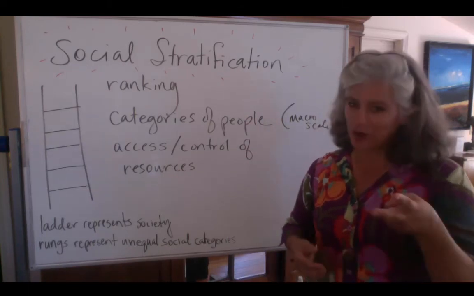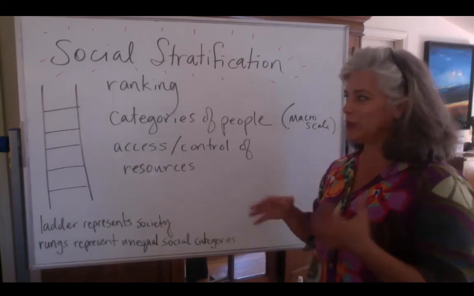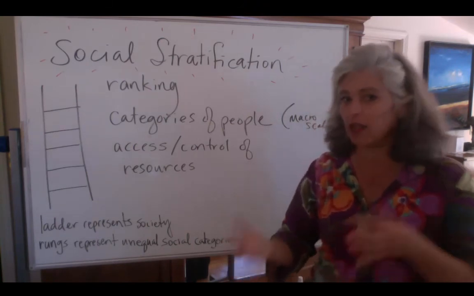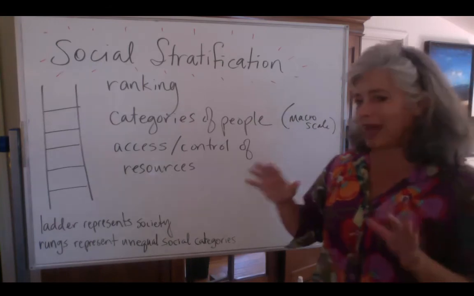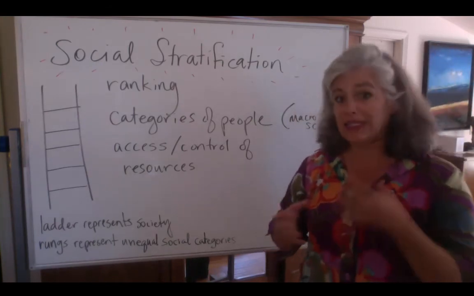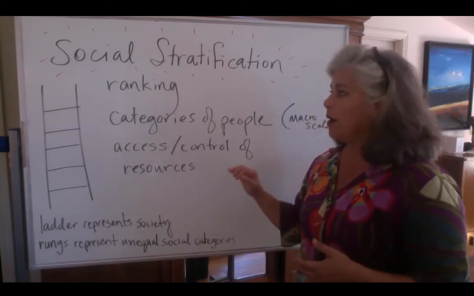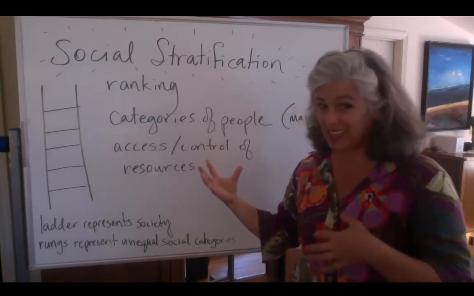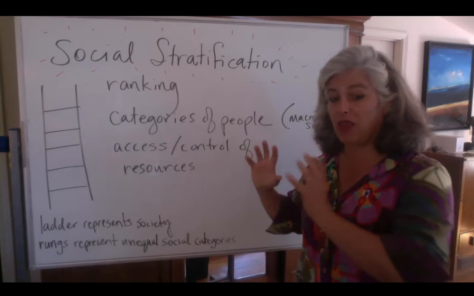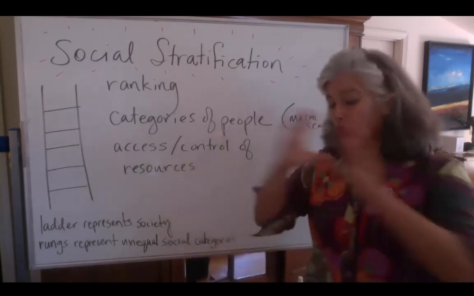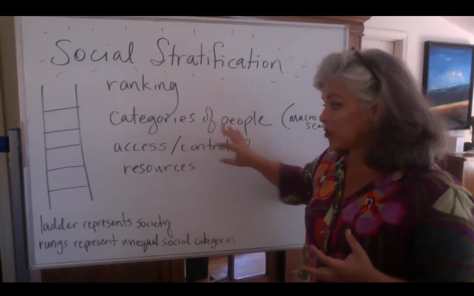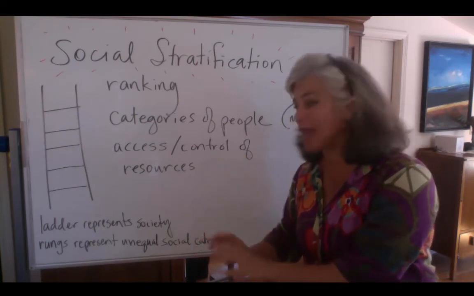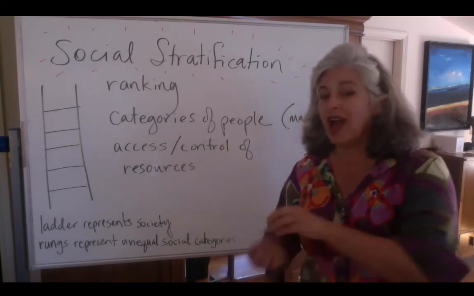So there will be 2 more short videos this week though, because I need to explain to you the difference between an open system of social mobility and a closed system of social mobility, because that topic is necessary for you to understand how people, based on the macro-scale social structure and the norms and the social facts that some people have to live in based on the way their culture is compared to the way our culture is, some people's access and control of resources is ascribed to them and unchangeable, and other people's access to and control of social resources is achievable.